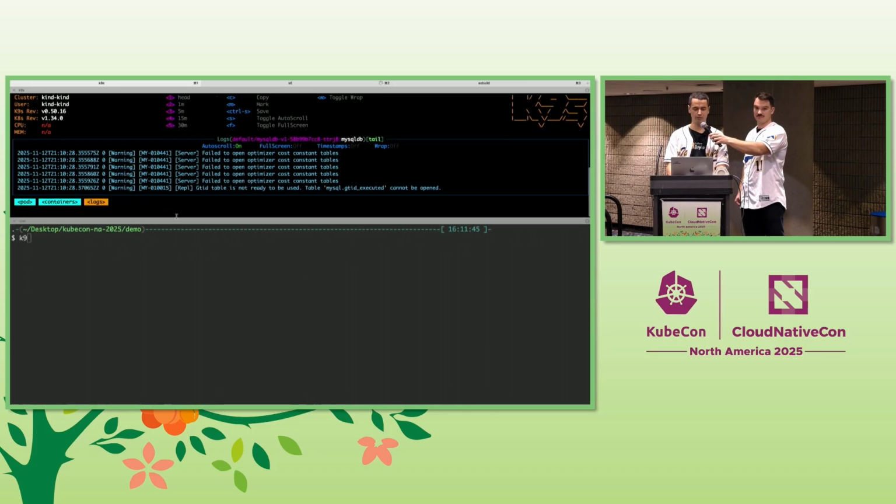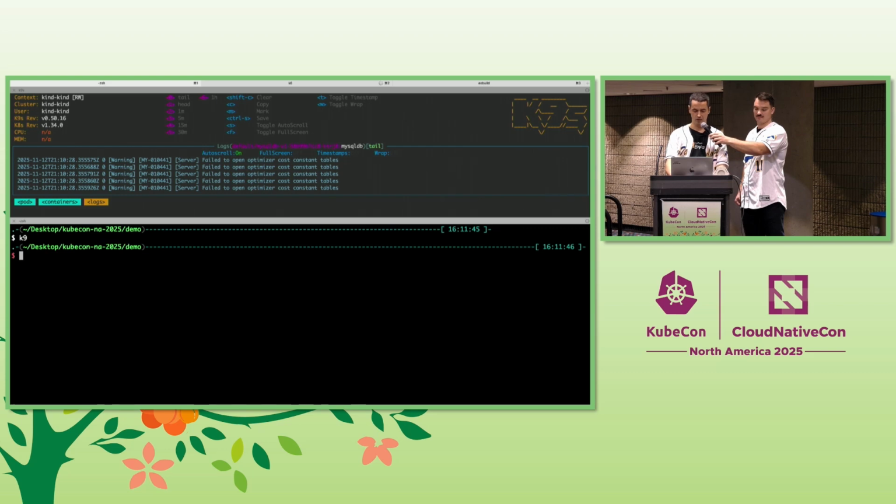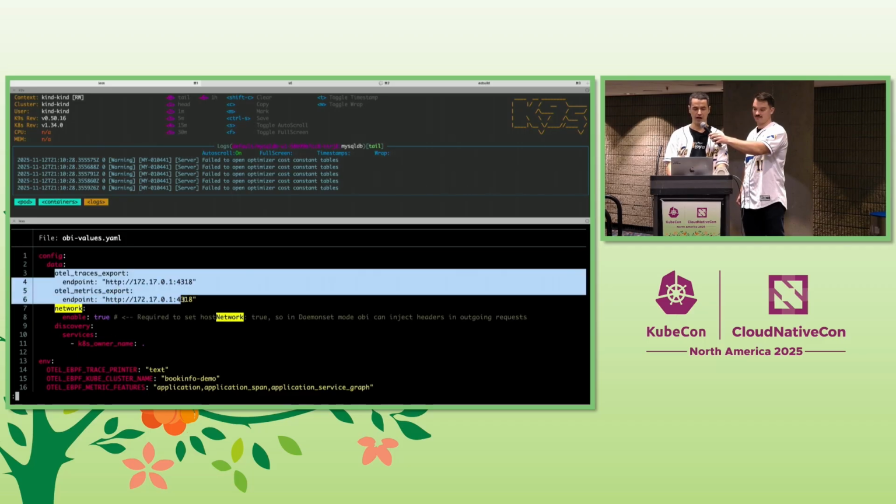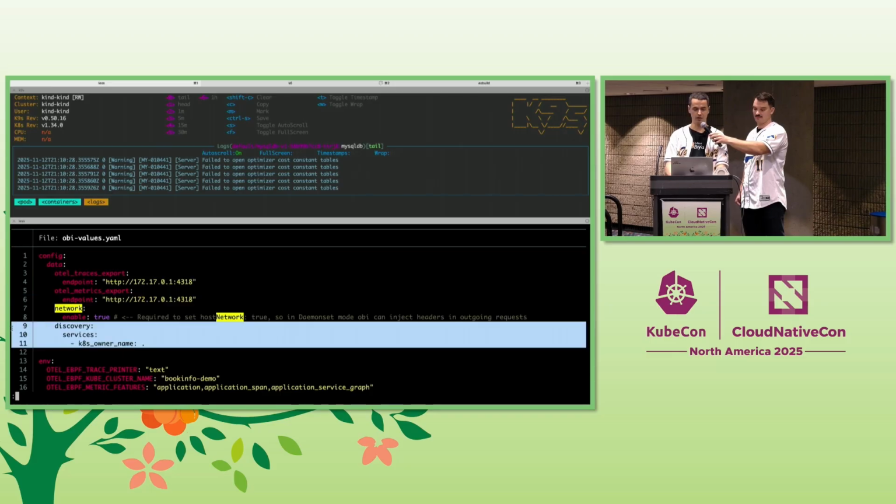For that, I'm going to deploy OBI. To deploy OBI, I need to configure it with some data, like, for example, endpoints to export my metrics and my traces, and I need to tell OBI what I want to discover.